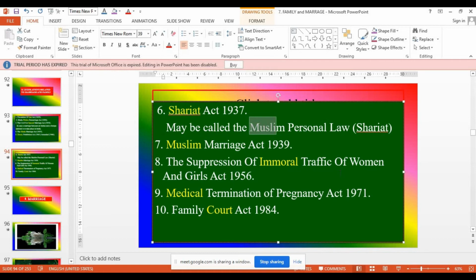For example, Kanyakumari district has a family court, or Tirunelveli, like this. So this court is involved in solving familial problems, preventing divorce, as well as solving family disorganization, etc.